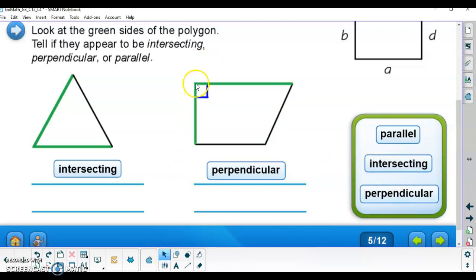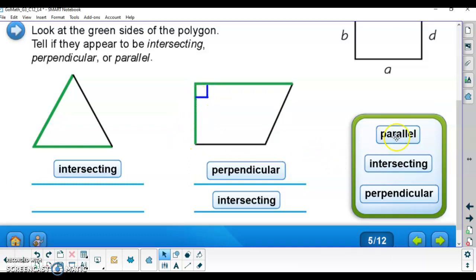Okay, they meet together at this point, which means they're intersecting as well. So these two lines are intersecting, but not perpendicular because they do not form that square when they meet together. These two are intersecting, but they're also perpendicular because of that right angle.